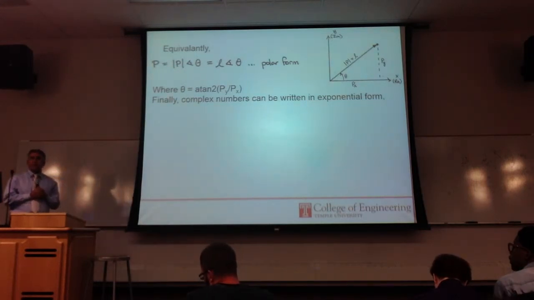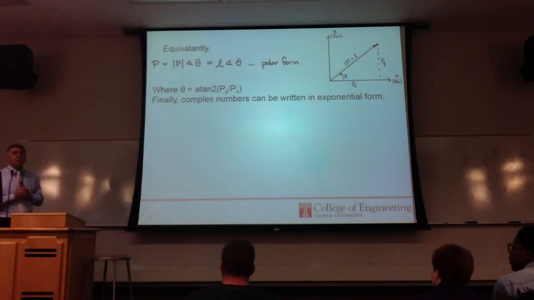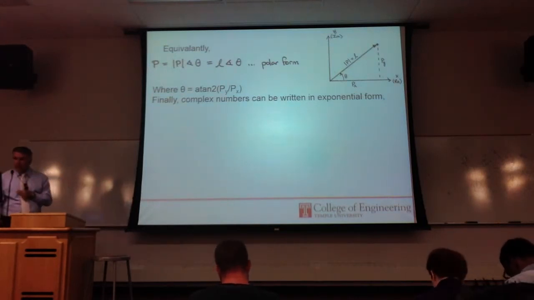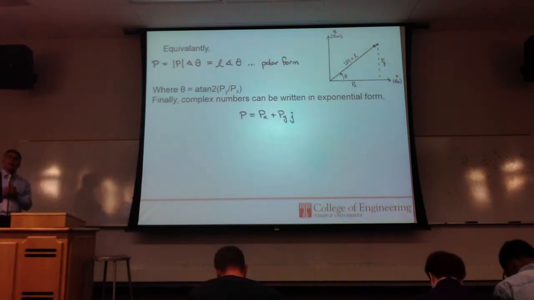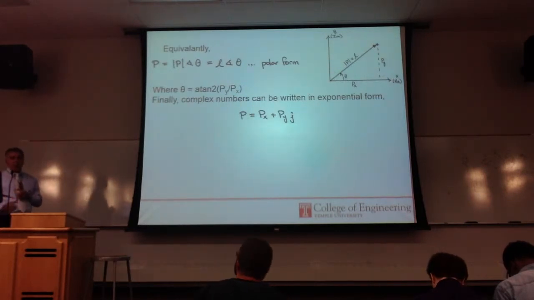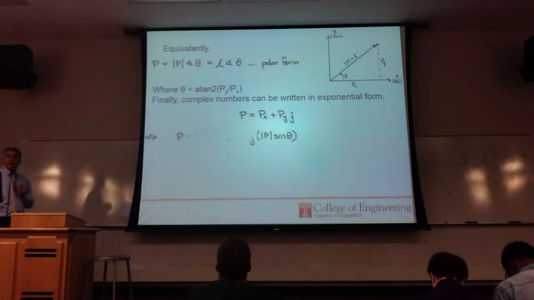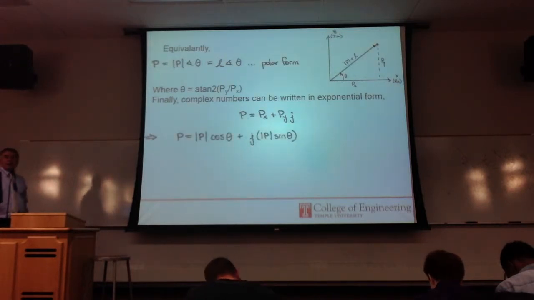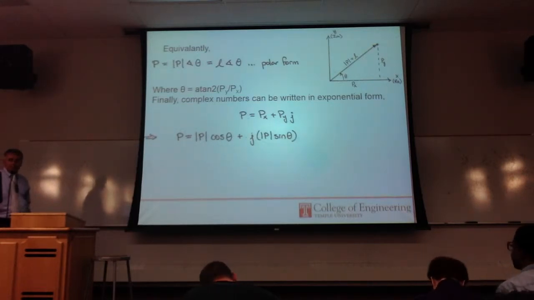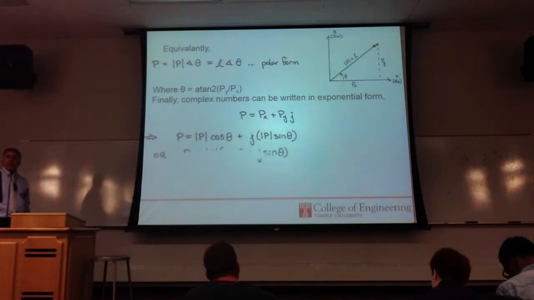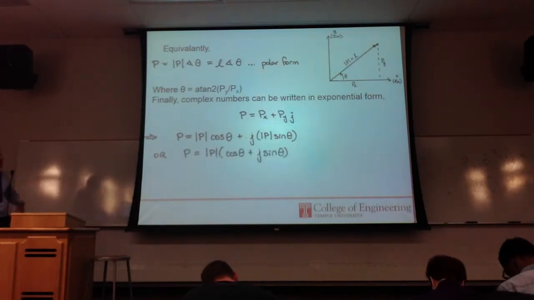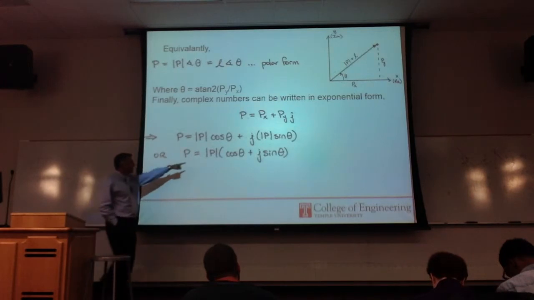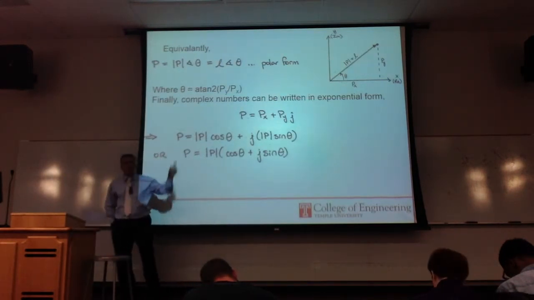You're right. All right, so now we want to show it in an exponential form. In other words, if you have your complex number, which right now is written this way, you already know that P can be described this way. Or simply speaking, we can describe it this way. How did we get this from that?